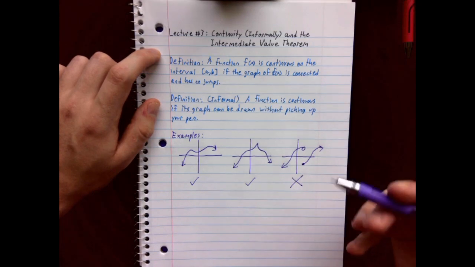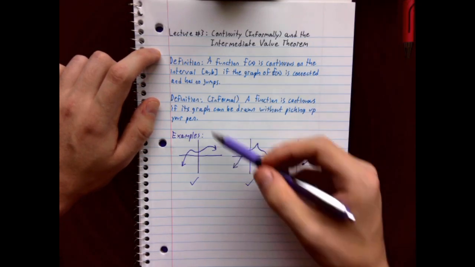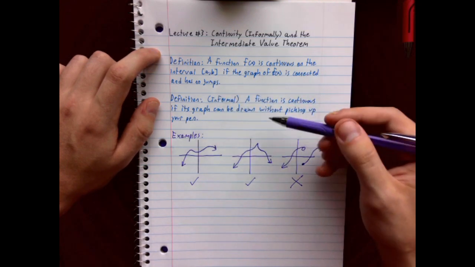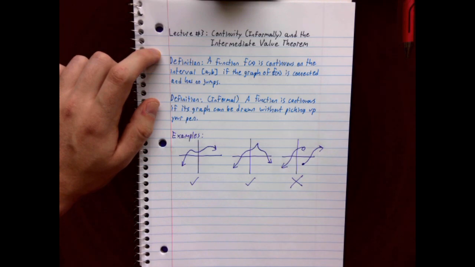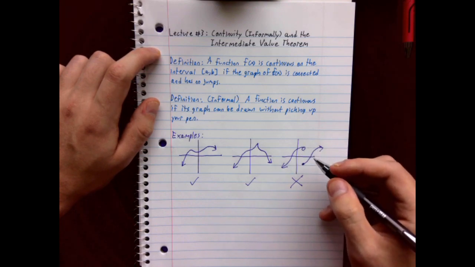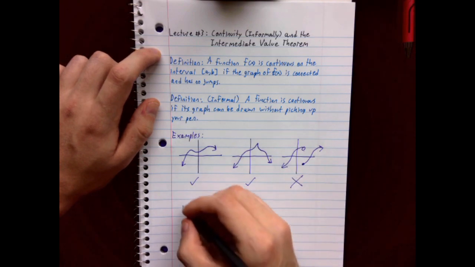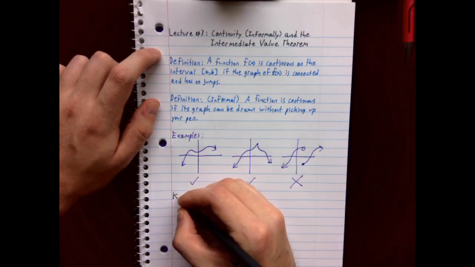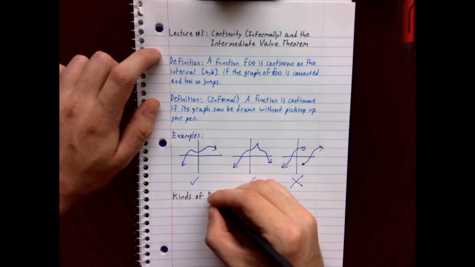There are a few different types of discontinuities that can happen. So maybe a third definition would be a function f is continuous if it has no discontinuities. Let's talk about the kinds of discontinuities that we can have. We already see one right here, but there are a couple of others that I want us to be familiar with and be able to classify.